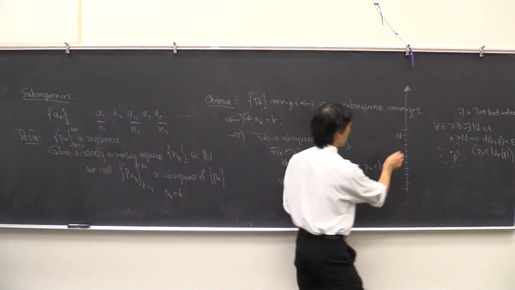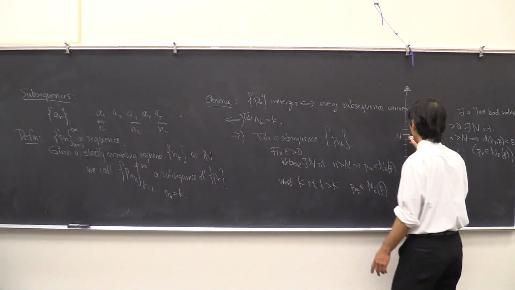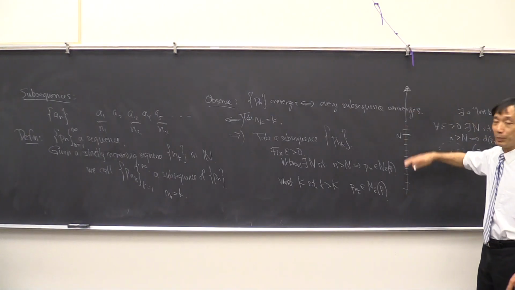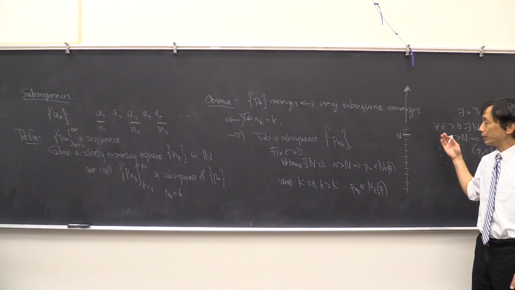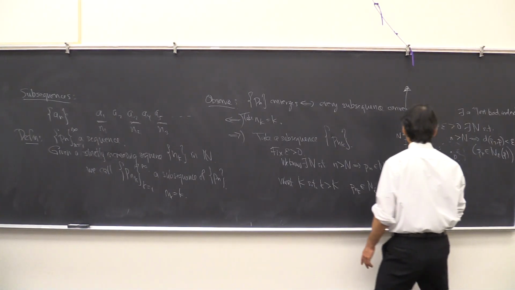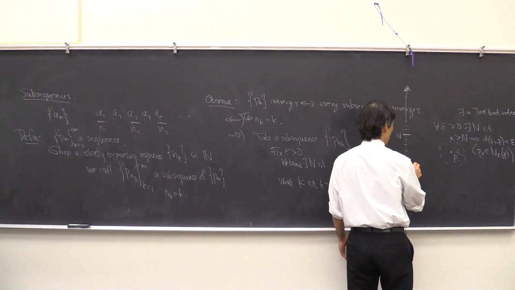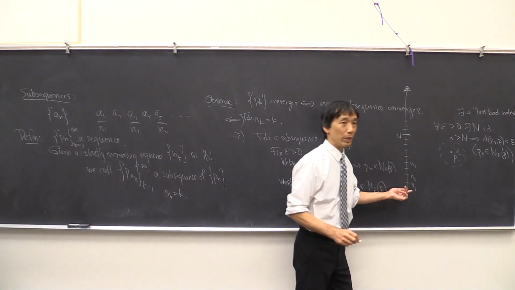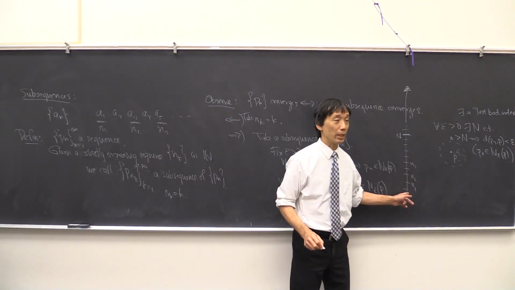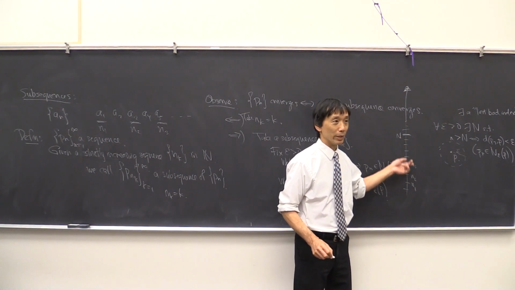We know that there's some n, and past that time all the p sub n's are inside. We also know the indexes of the subsequence are going upwards.